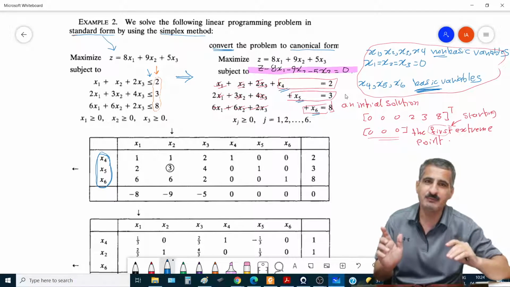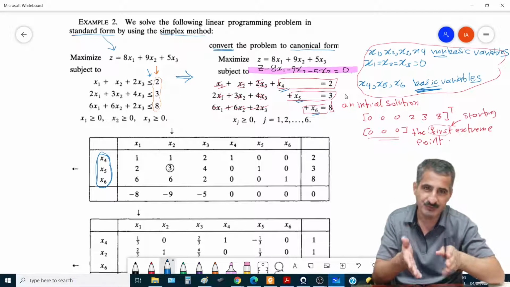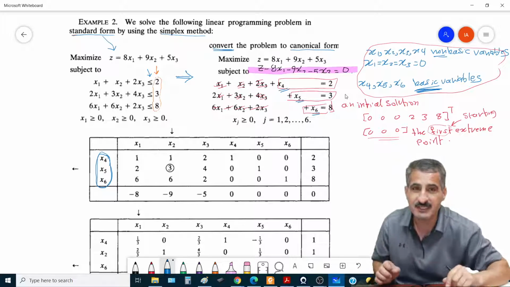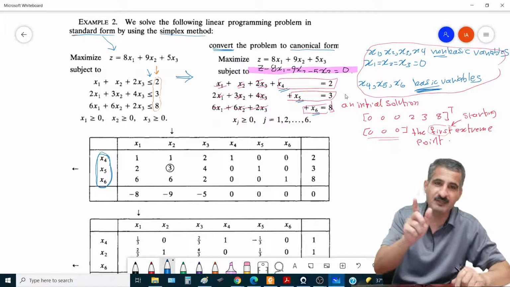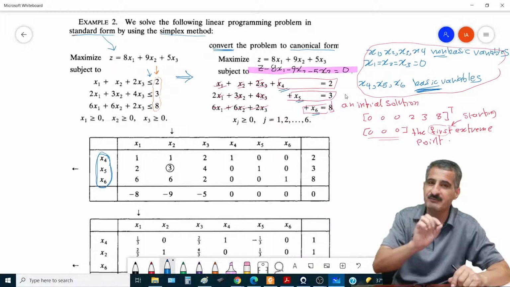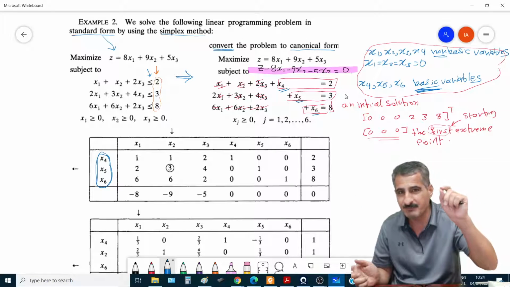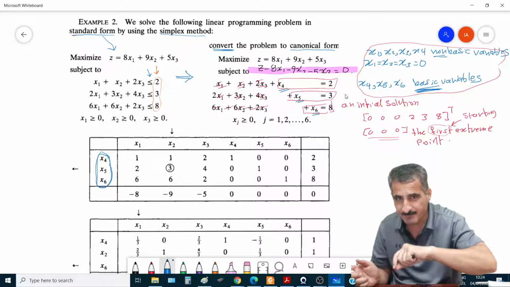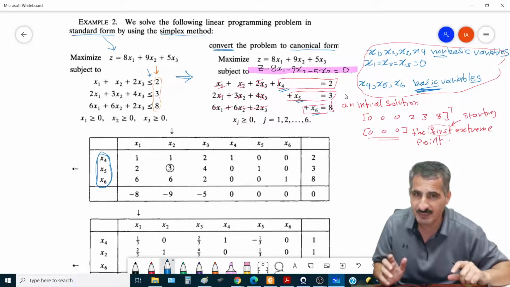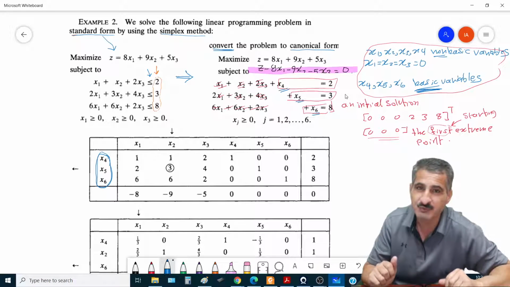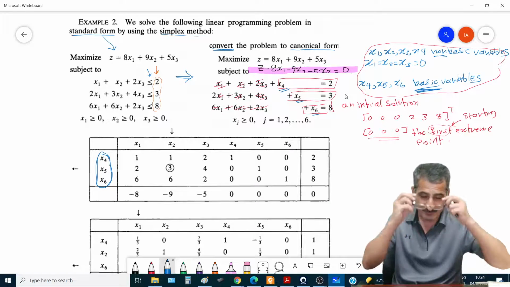This way I will be moving from an extreme point 0, 0, 0 to an adjacent extreme point. Adjacent means taking one of the basic variables and converting it to non-basic, and bringing one from non-basic to make it basic. We will then move to an adjacent extreme point, and the value of the objective function will be improved. How do we do that?